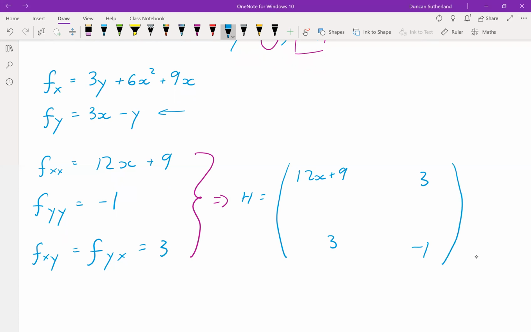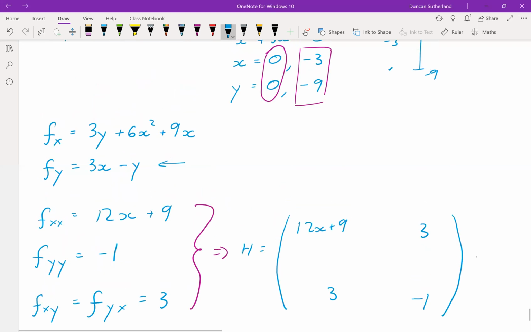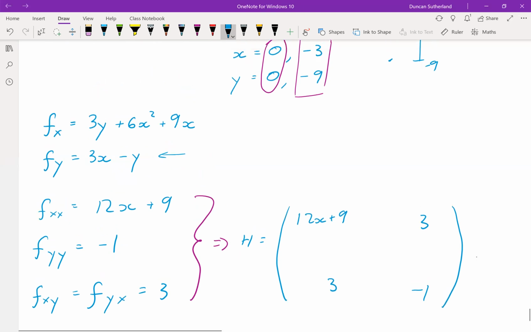So that's our Hessian matrix. It's only got one dependence. It doesn't depend on y. So the only points we actually have to test are the x points. We don't have to substitute this -9 in. Let's just check to make sure that's all legit. Yup. All right, sweet.